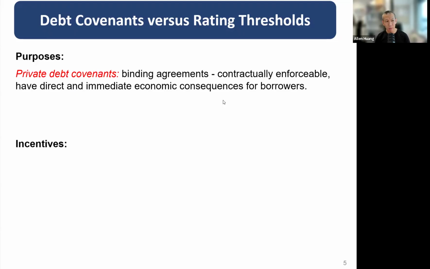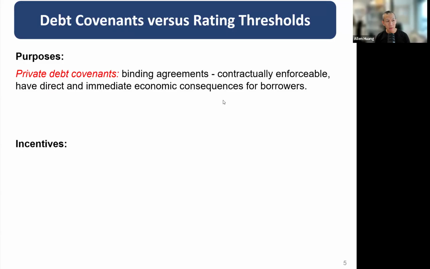Now, the binding part means that they are contractually enforceable. And second, the agreement part means that debt covenants are reached after negotiations between the lenders and the borrowers. So any time a covenant is included in a debt contract, the company itself must agree to that.